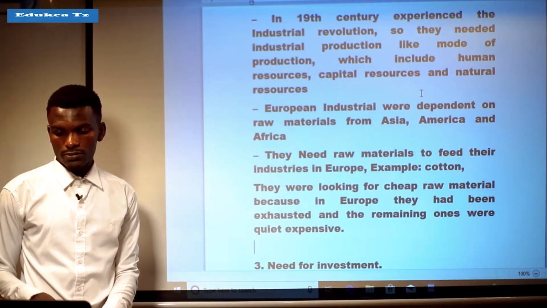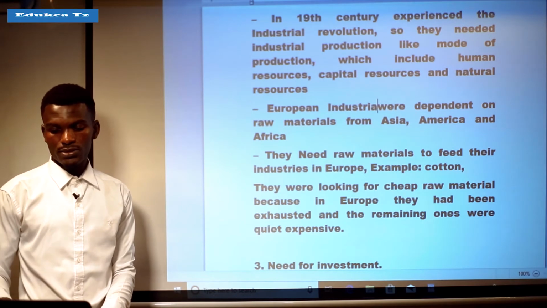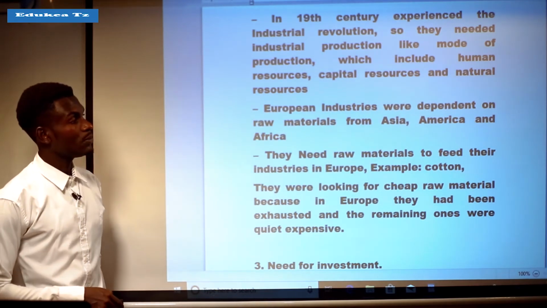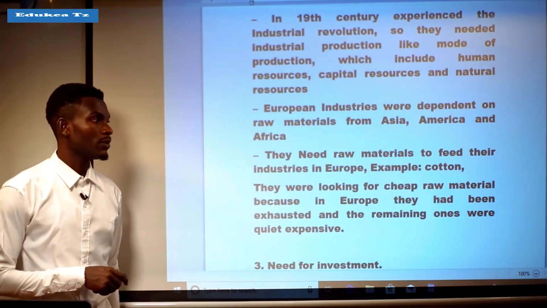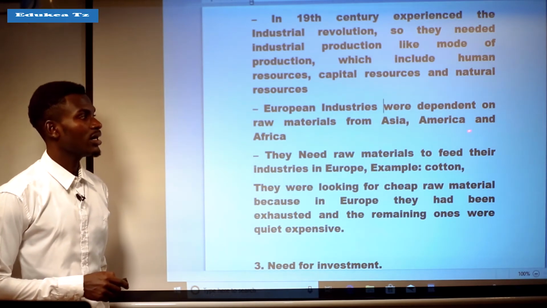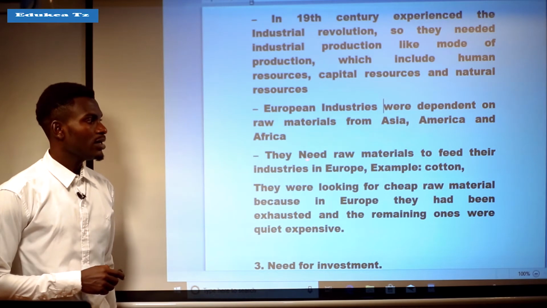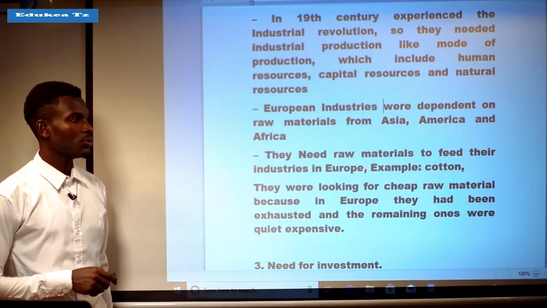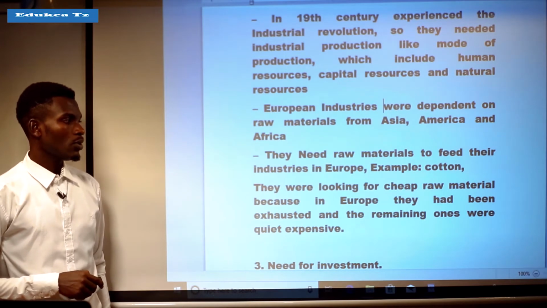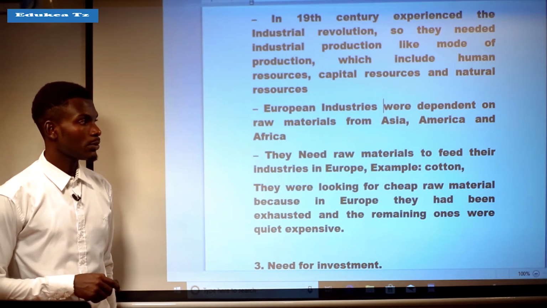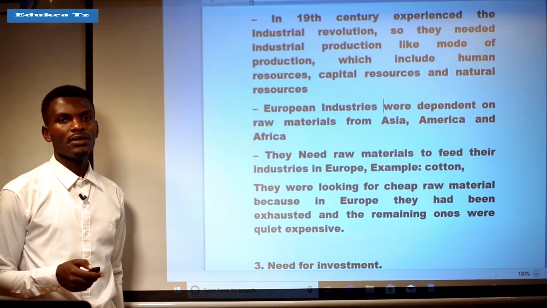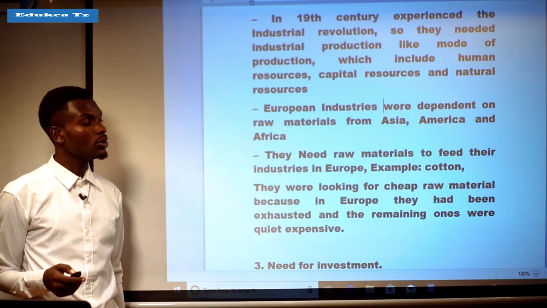It means that European industries were dependent much on raw materials from Africa, America, and Asia. They needed raw materials to feed their industries in Europe. Example, cotton. They needed raw materials in order to feed their hungry industries in Europe.